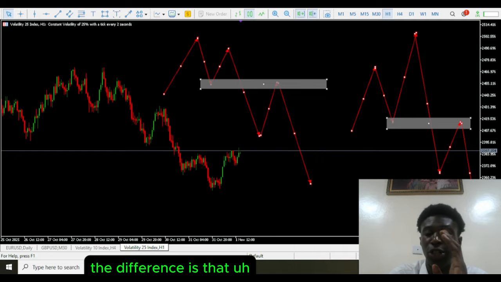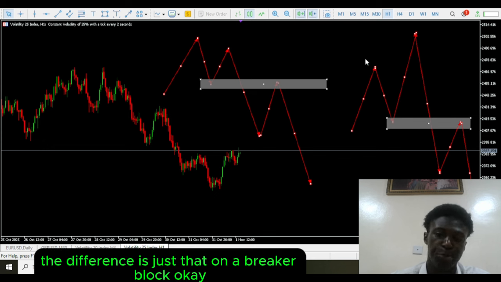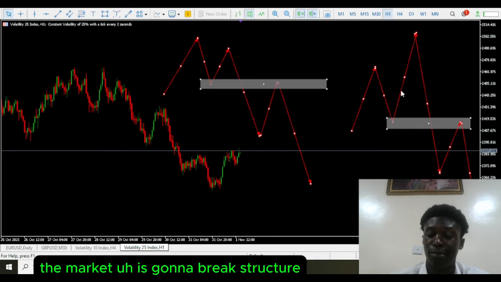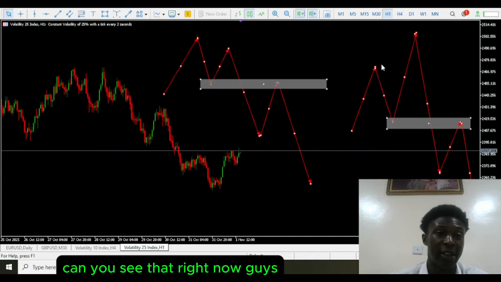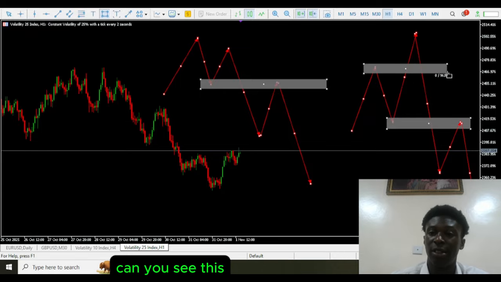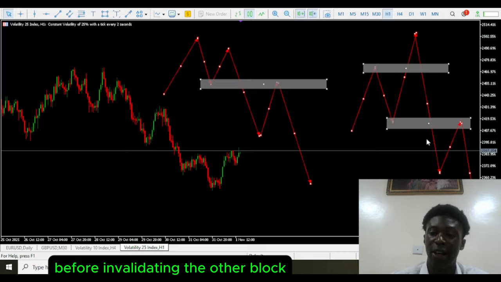All right, so this is the clear difference between a bearish breaker block and a bearish mitigation block. The difference is just that on the side of a breaker block, the market is going to break structure. Can you see that right now, guys? Let me mark this level over here. The market broke structure before invalidating the other block.